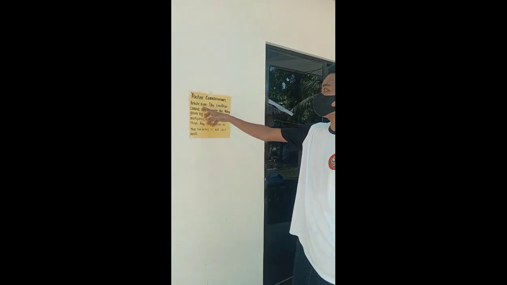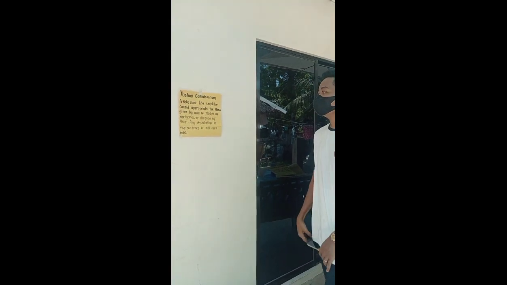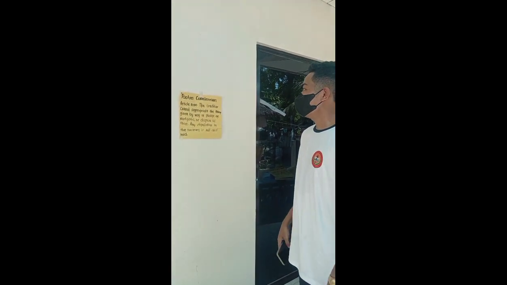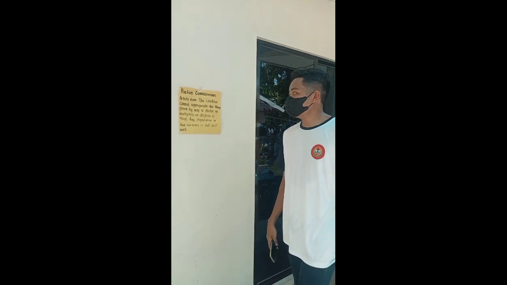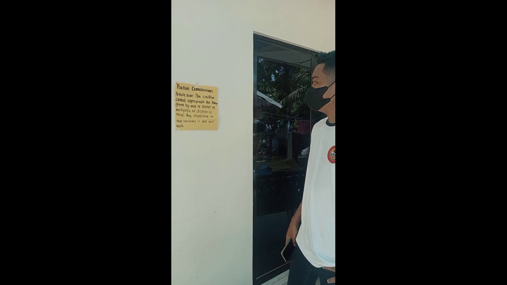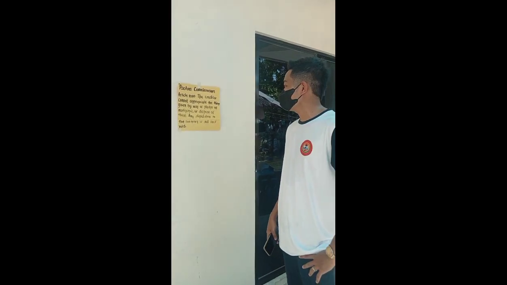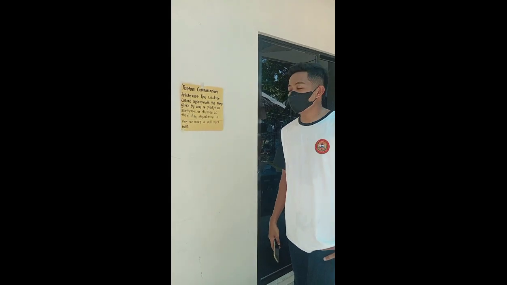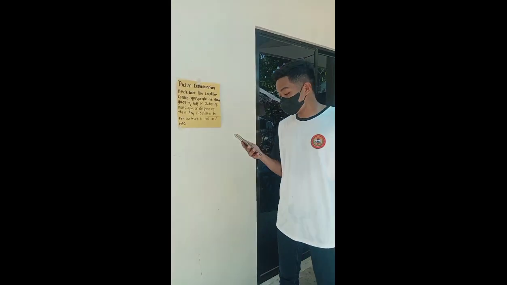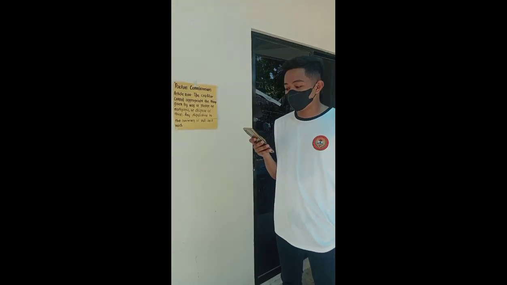Pactum Commissarium. Article 2088. The creditor cannot appropriate the things given by way of pledge or mortgage or dispose of them. Any stipulation to the contrary is null and void. So, the elements of Pactum Commissarium are as follows. 1.